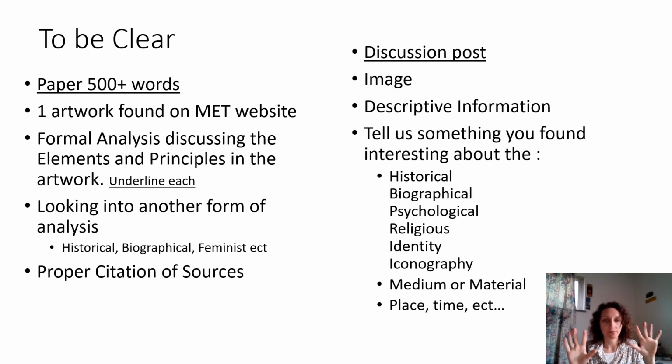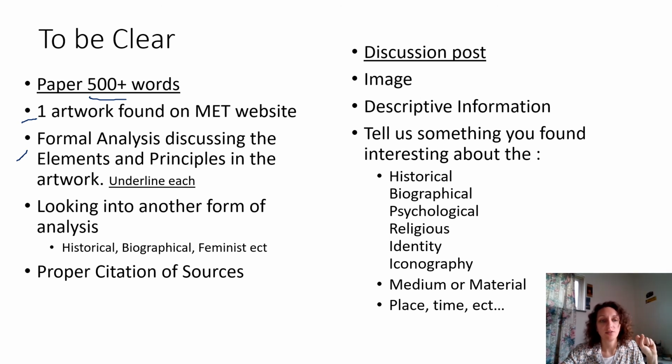Just to be clear, we're just wrapping up here. The paper is going to be 500 or so words, a little bit on the heavier side would probably be better. Your artwork is selected from the Met. The bulk of the essay is going to be the formal analysis, discussing those principles and elements of design.